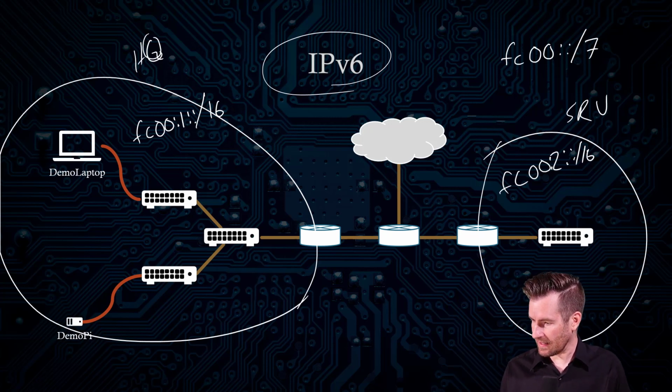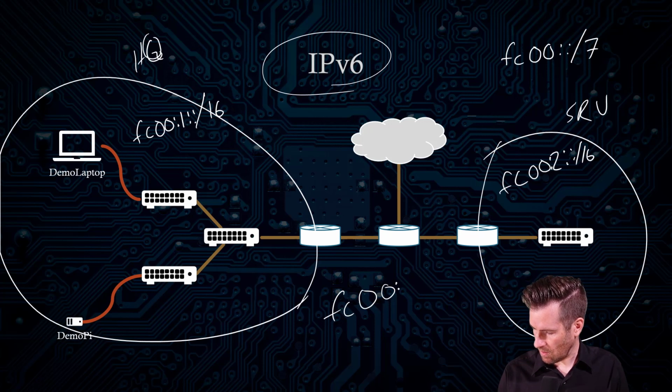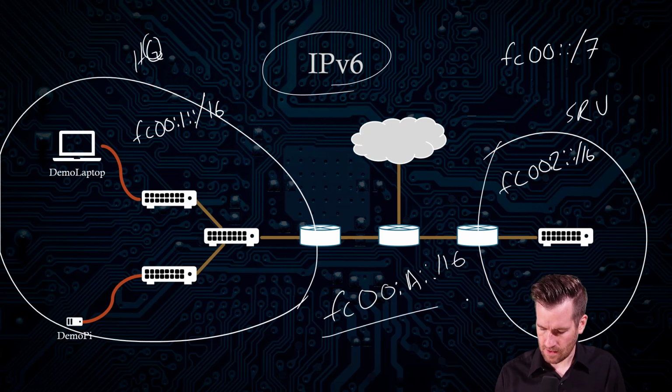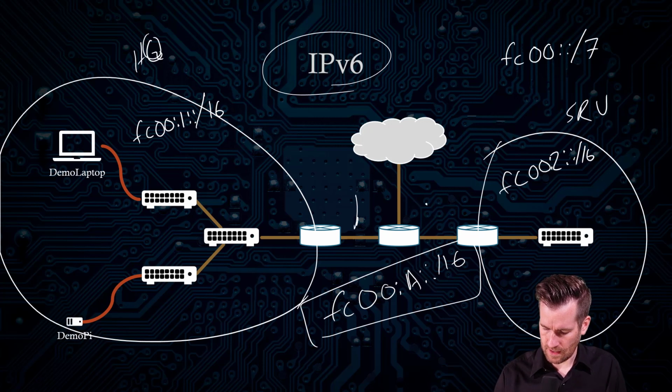And then everything that is going to be in a loop back, I'm going to do the FC00:A::/16. That's going to be all my networks in between here.